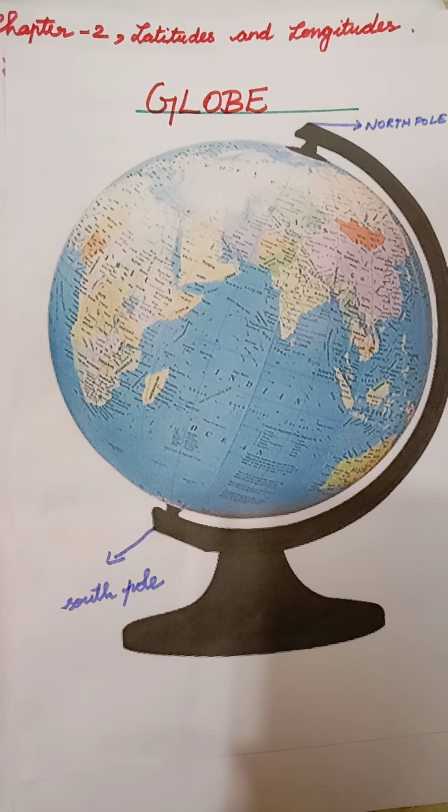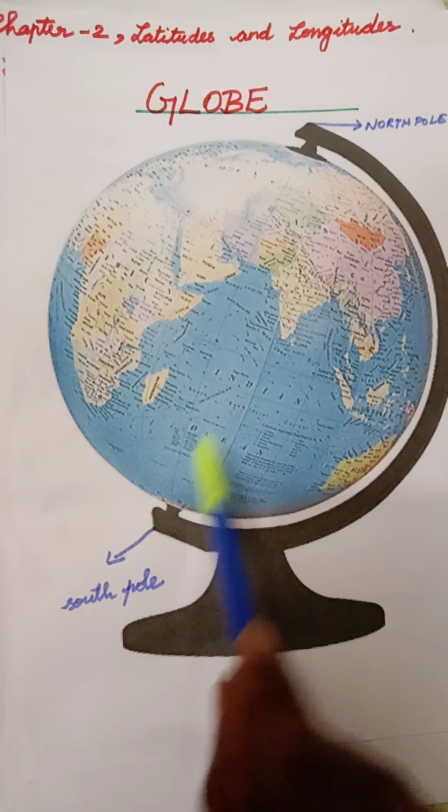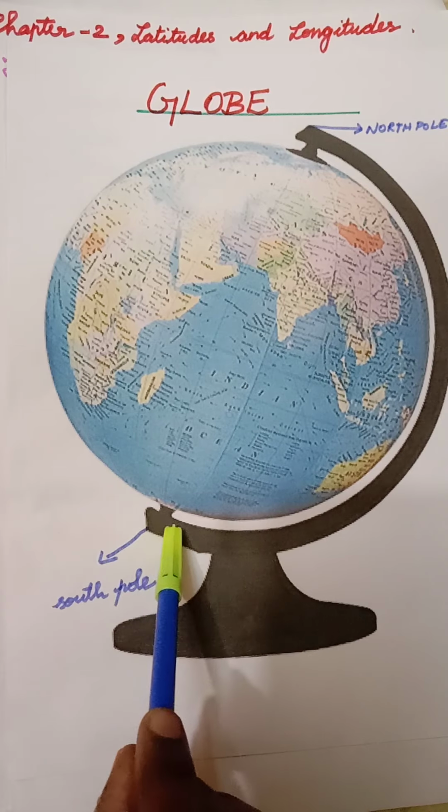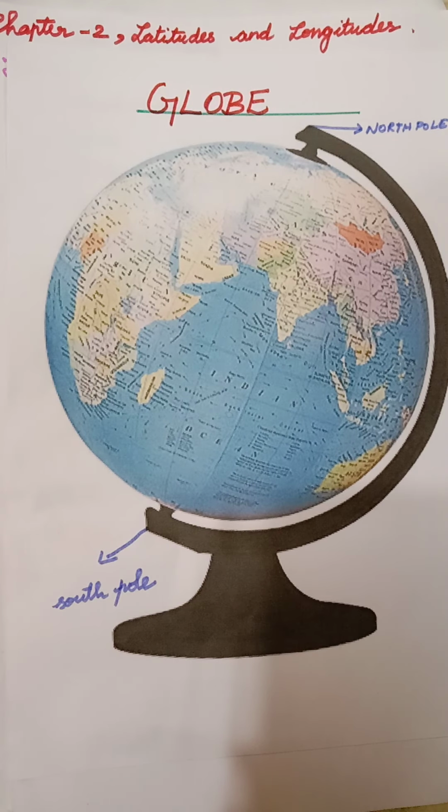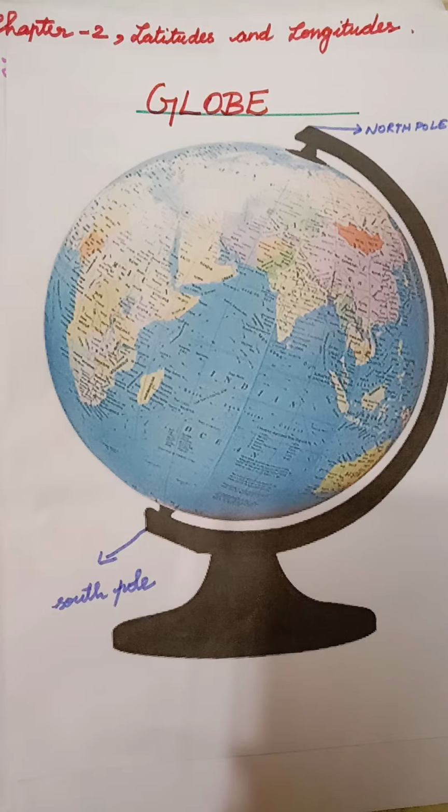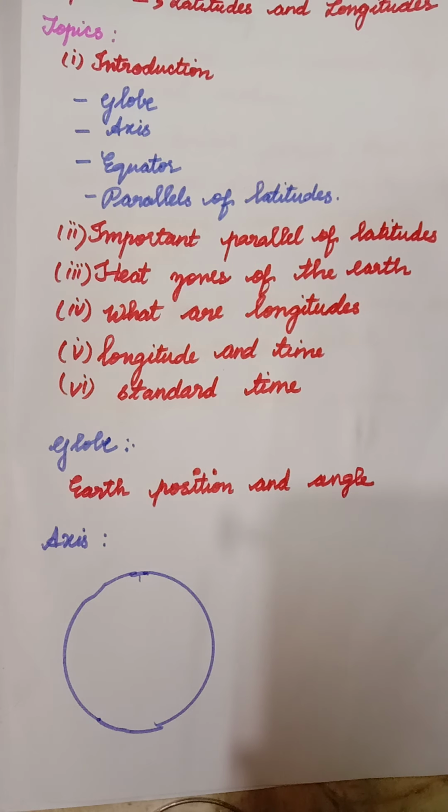If you take the original earth, there won't be a specific needle. So we should draw a particular line. We are going to fix an imaginary line on the earth, known as the axis. Children, assume that this is the earth.